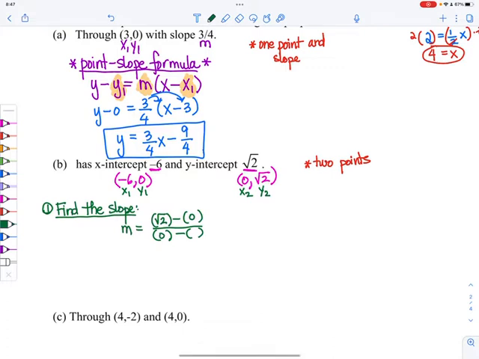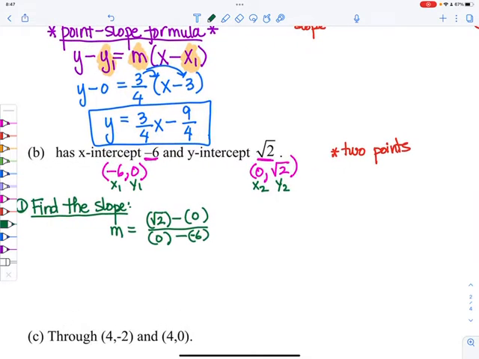X2 is 0 minus x1 is negative 6. So this is going to be square root of 2 minus 0 on top, and then 0 plus 6 on bottom because you've got minus and negative here. So the result is just square root of 2 over 6. This is our slope.